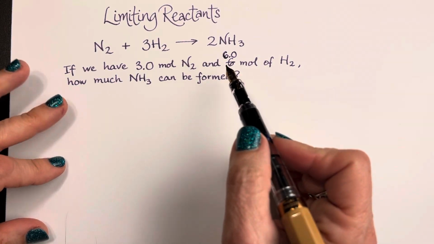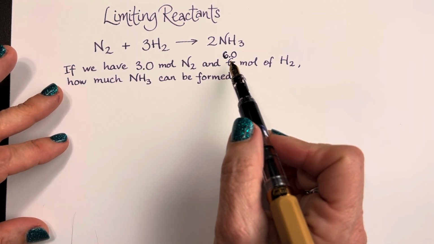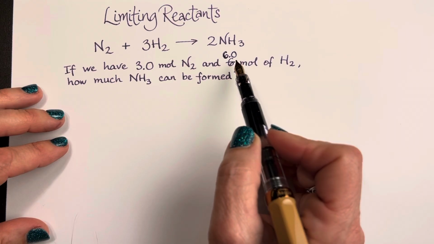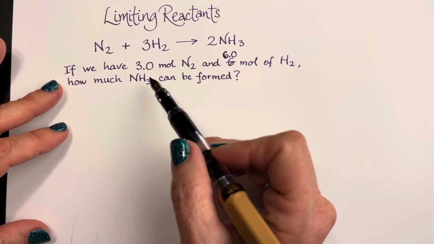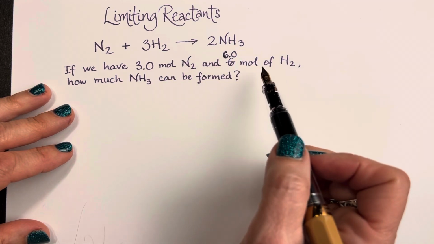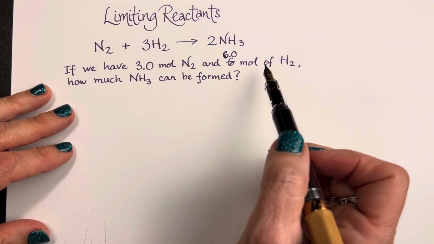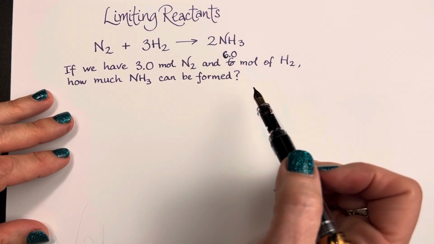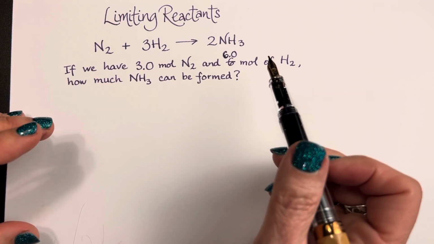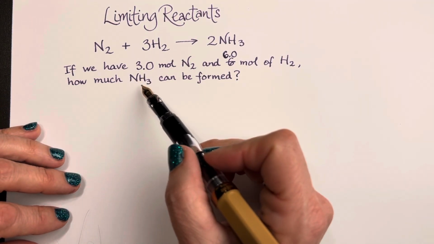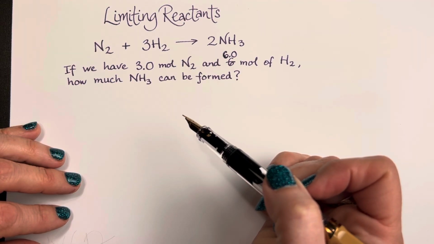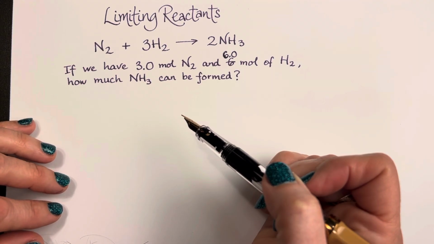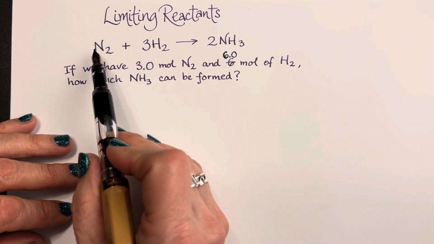Okay, so given these amounts, how much can be formed? So which one's going to run out first? And that one that runs out first is going to then dictate how much of the ammonia we can get. So first we want to look at this ratio.